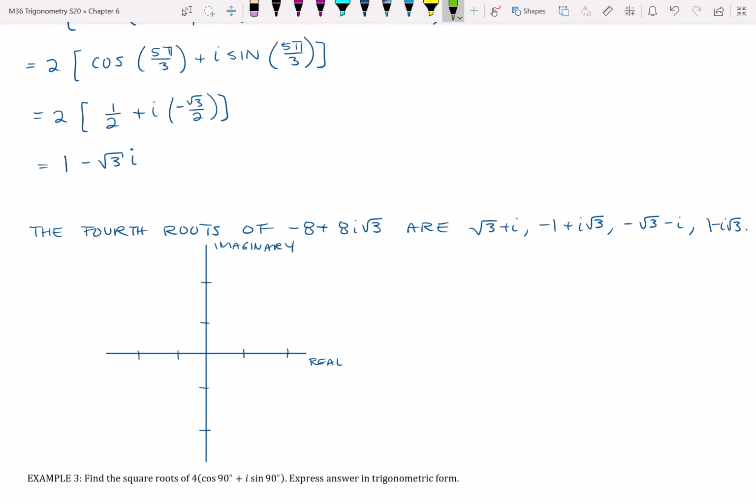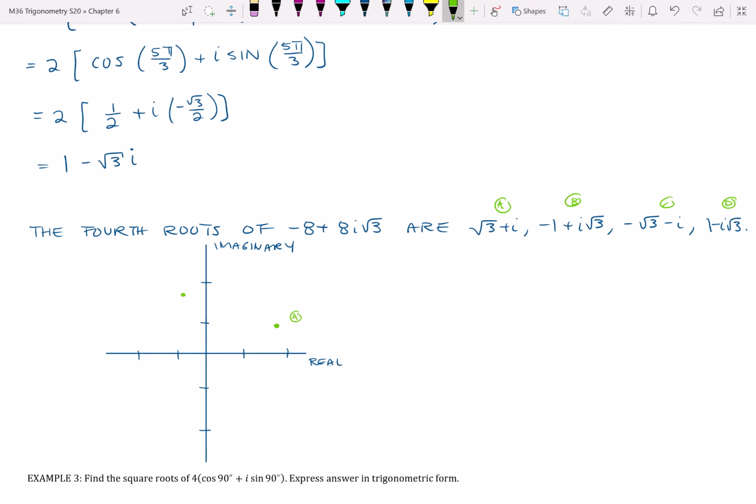So I'm going to call this one A. And then this is going to be B. This is going to be C. And this is going to be D. So my B is going to be -1 as the real part, and my imaginary part is square root of 3. So that's going to be somewhere right here.